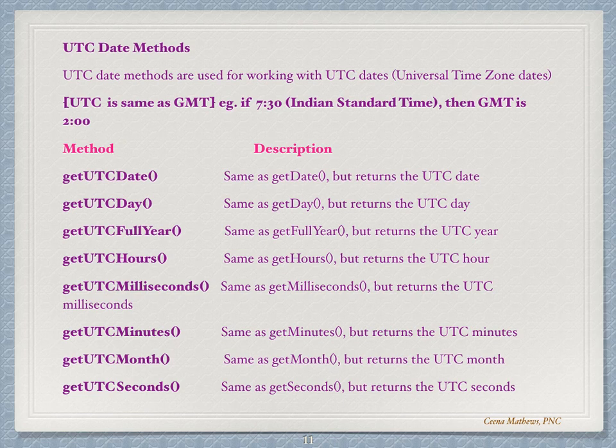It returns the UTC hour. UTC also means GMT, so what it displays is the GMT time actually. And getUTCMinutes is same as getMinutes. getUTCMonth is same as getMonth. getUTCSeconds is same as getSeconds.